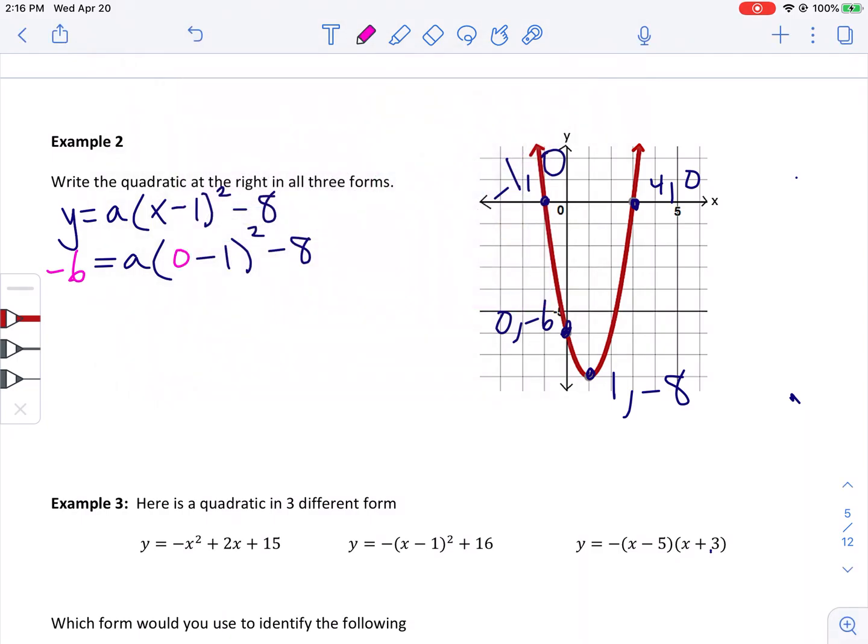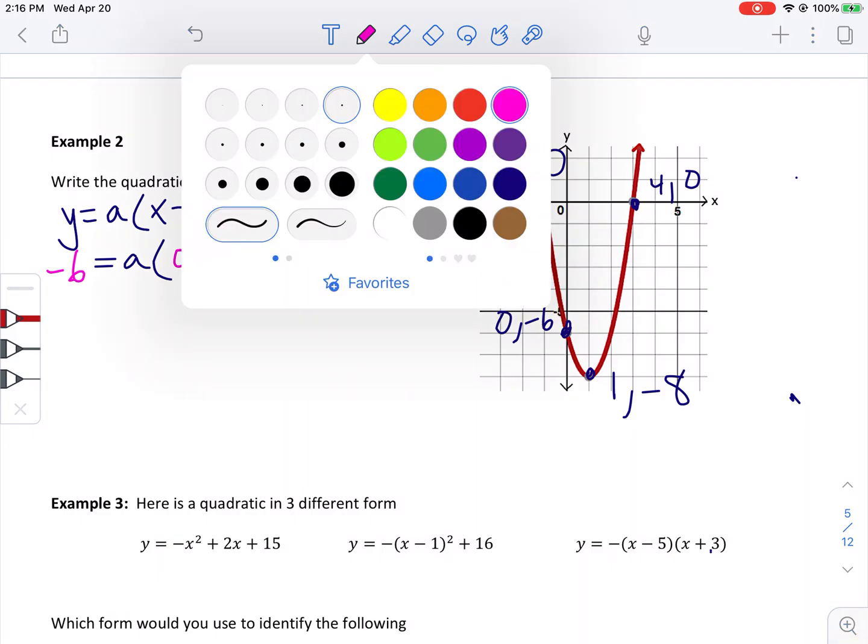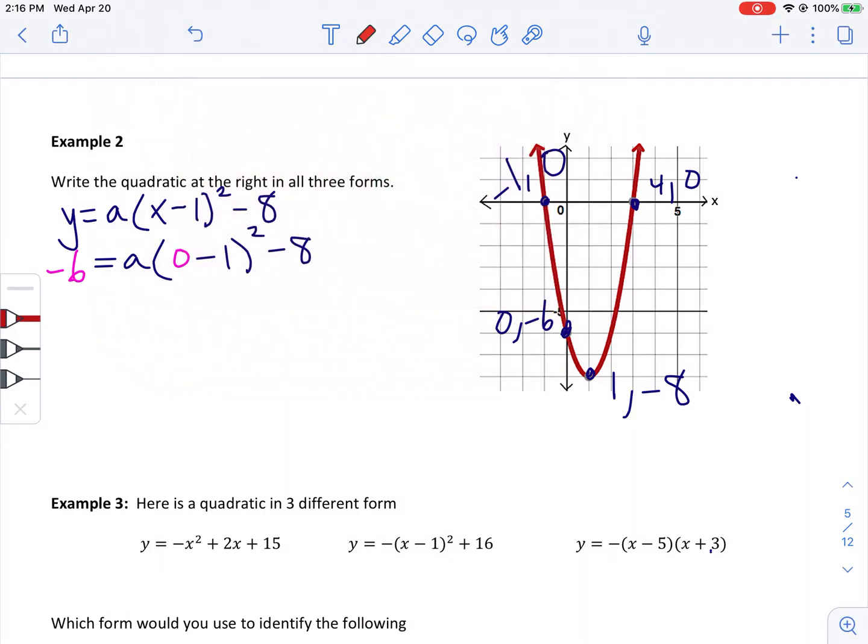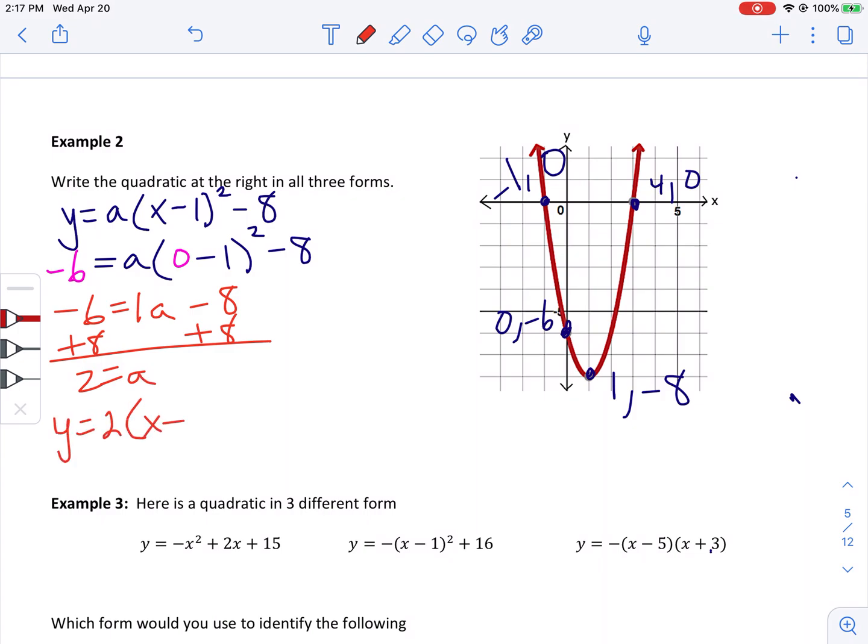So (-1) squared is 1. So I have -6 equals 1a minus 8, plus 8 plus 8. So we have 2 equals a. So it would be 2 times (x minus 1) squared minus 8.